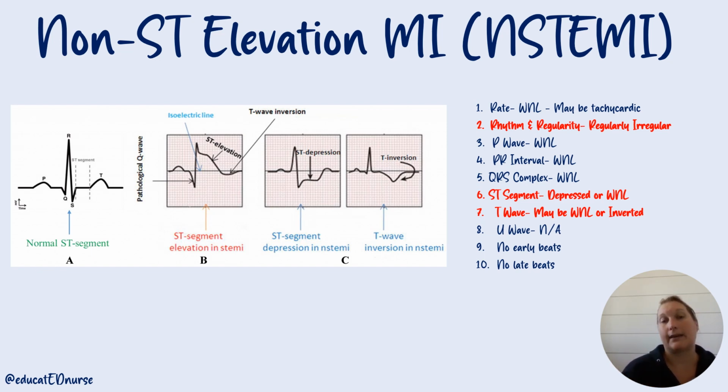And that ST segment is probably going to be depressed, and you're going to have some T-wave inversion. So that's what's going to be different when you're looking at those 10 criteria compared to normal sinus rhythm. So you can kind of see that in the EKG here. You're going to see that depression or inversion versus that high ST segment elevation in your STEMI. In your NSTEMI, ST depression, ischemia, or they could have a normal EKG.